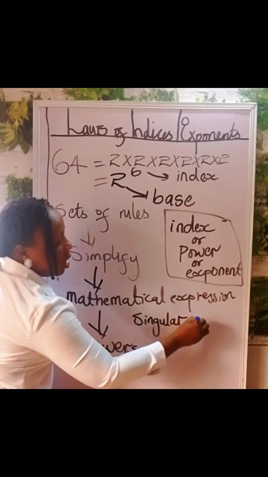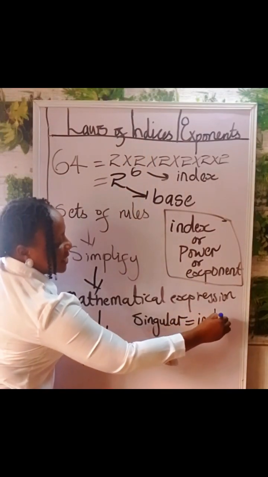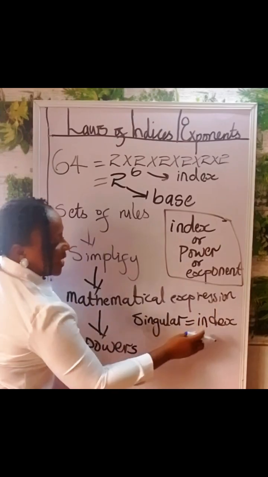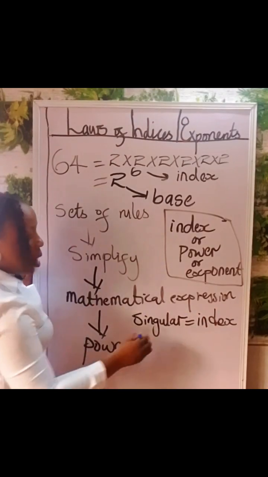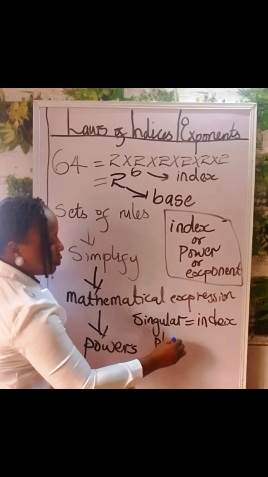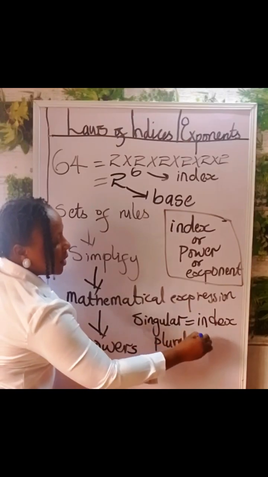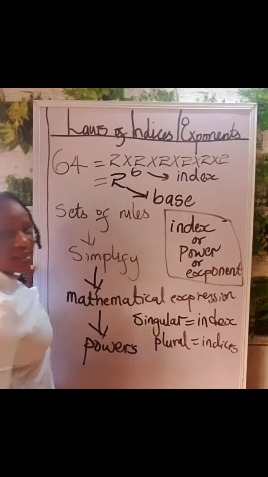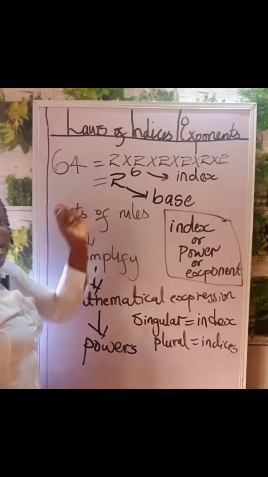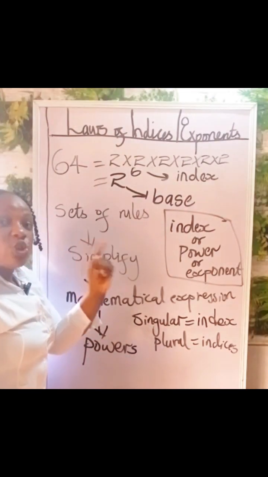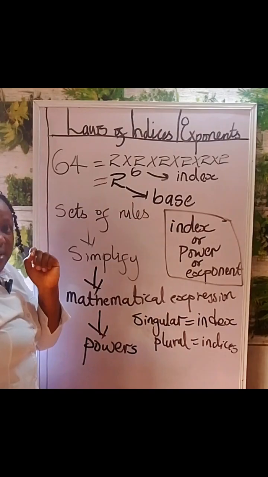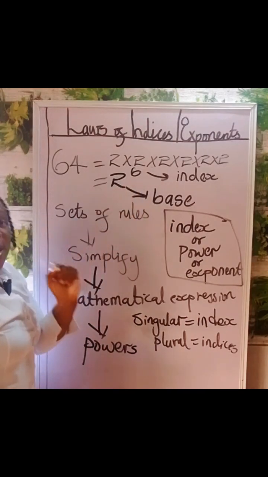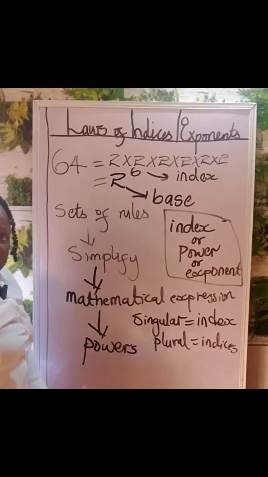The singular is called index, while the plural is called indices. That is why we call it index, because it is just one. But if it's more than one, you call it indices.